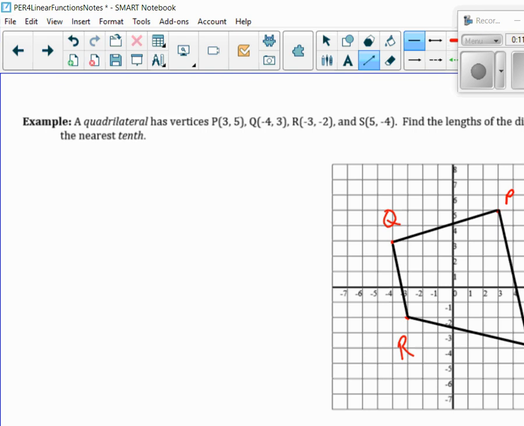It's actually saying it wants to know the lengths of the diagonals. Do you know what a diagonal is? So I guess what I'm saying is, am I trying to find the length from Q to P? Yes, Q to S is what I'm trying to find. So I'm going to do a different color.